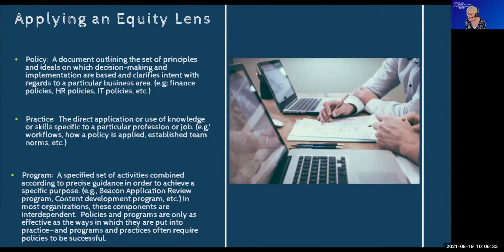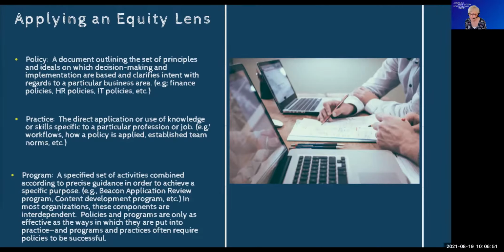So policies are those things that outline a set of principles and ideals, guide us in how we make decisions, and clarify intent. So we have HR policies, IT policy, finance policies.